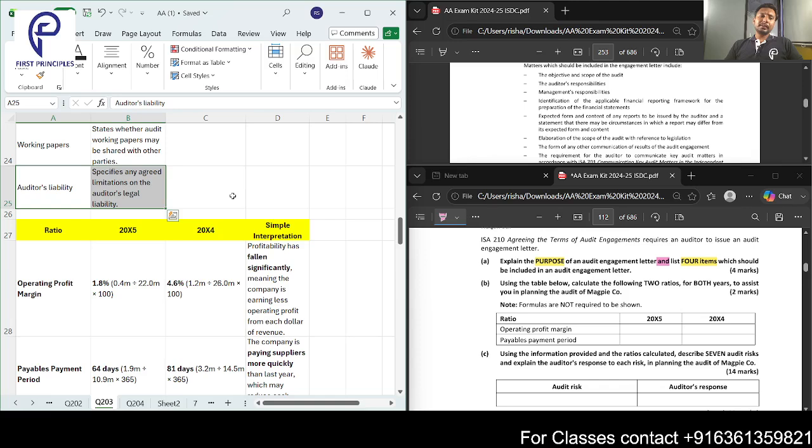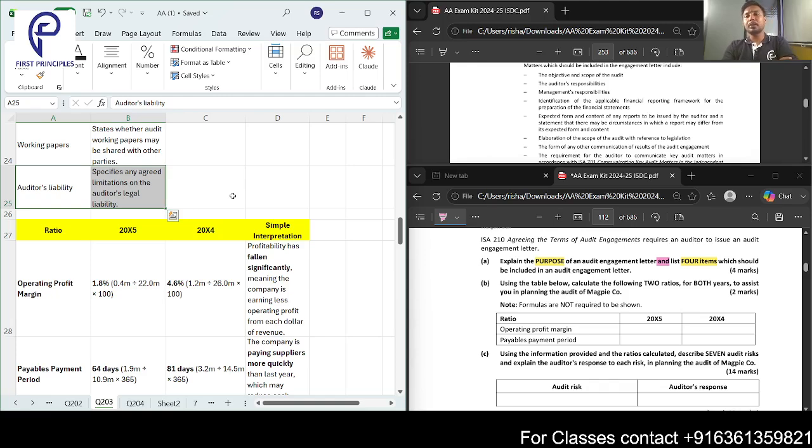If the auditors are liable for any wrong information, or there is any kind of penalty they might have to pay, for example if by mistake they make the client's confidential information public, then if anything goes wrong, they will compensate the client, or they will provide some kind of compensatory benefits to the client.